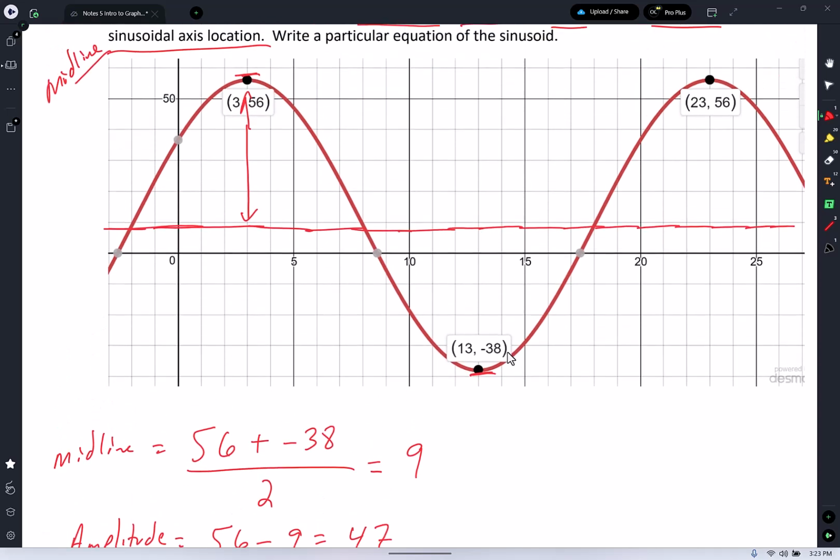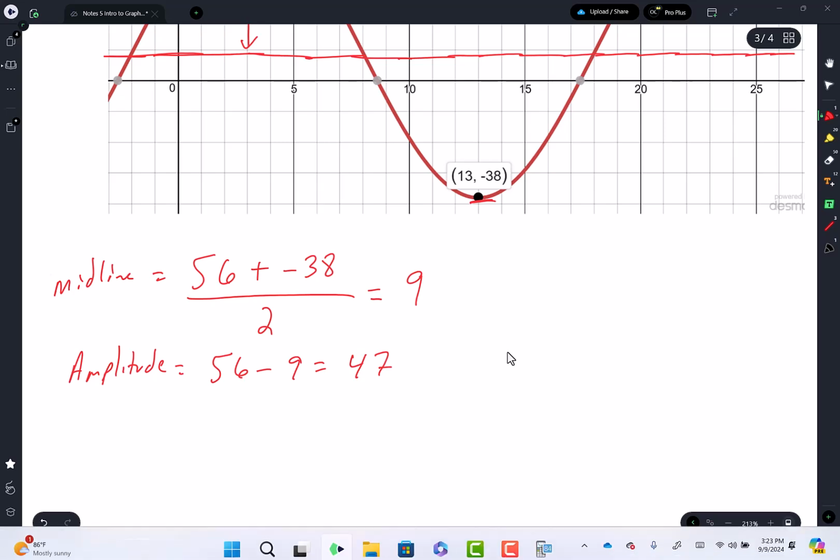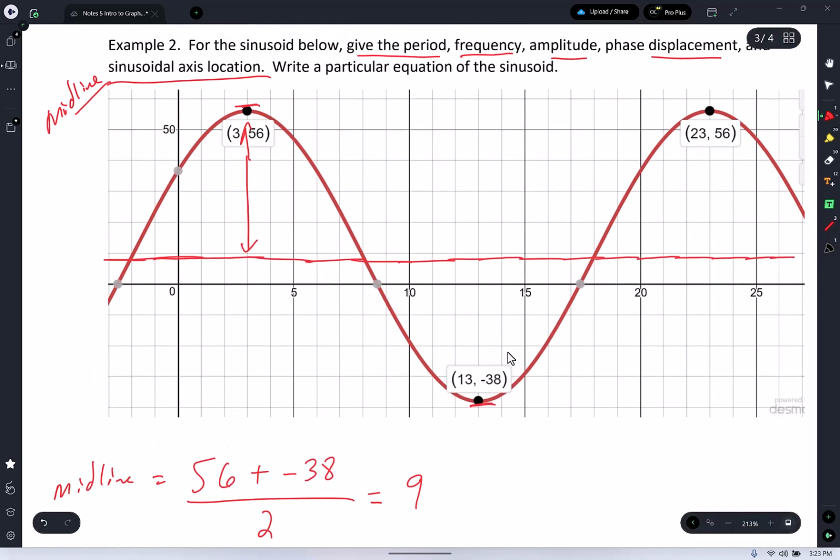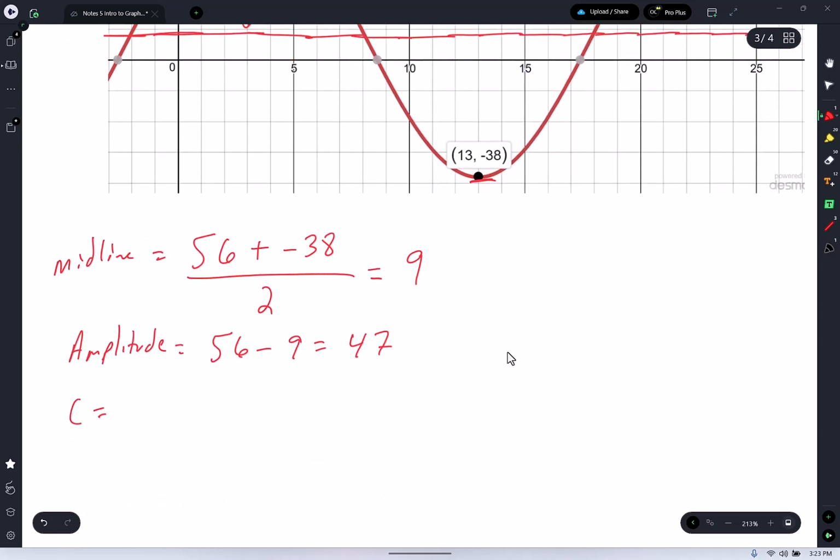All right, now let's do the C, which is the shift. If this were cosine, I would have the peak right on the y-axis, but it's not. Where's my peak at? At 3. So that means 3 to the right. Did we understand that? No?